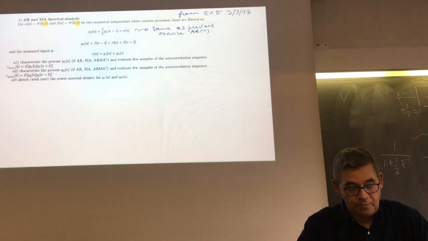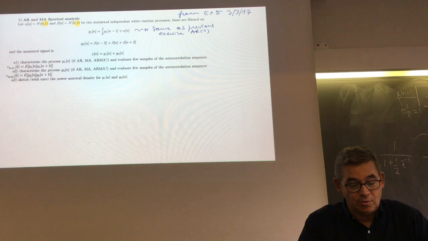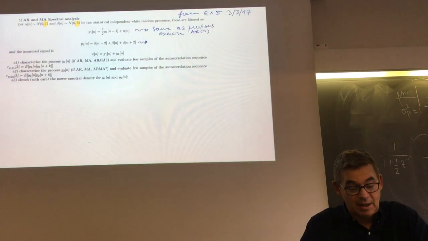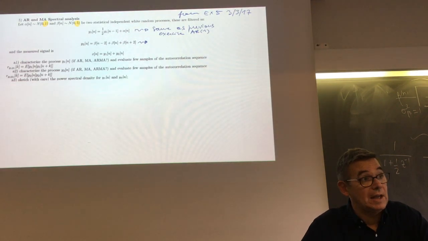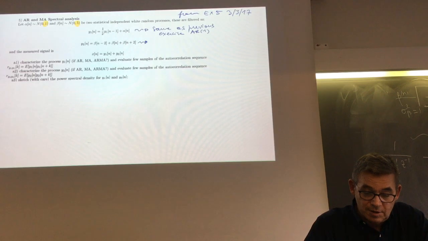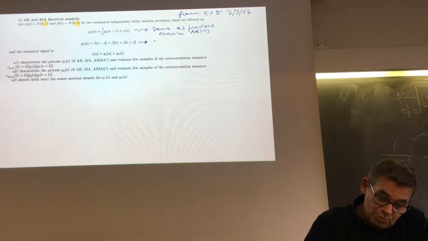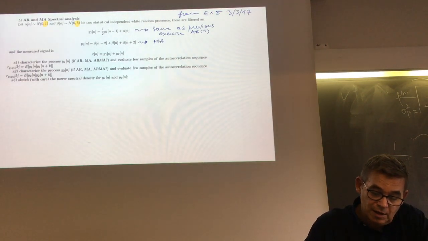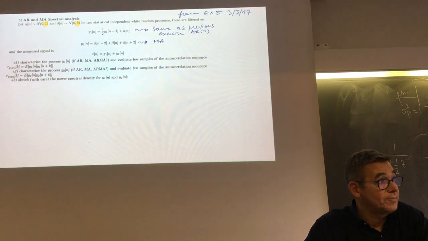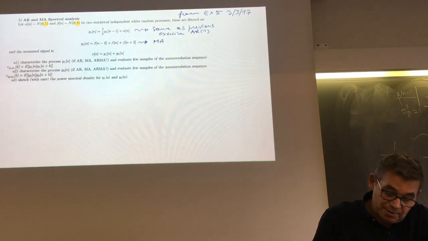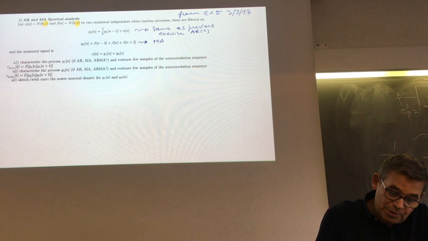Now, what is y2? y2 is the same as in the previous exercise, except that I have beta n minus 2, beta n plus 2. This is a moving average, but we need to calculate that. So let's compute the z-transform on the fly.